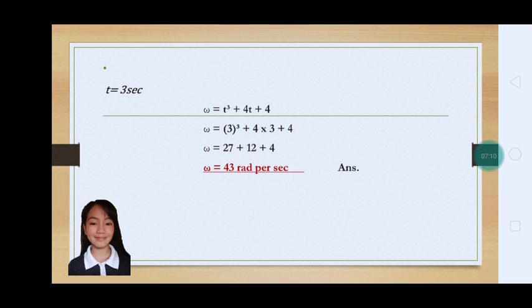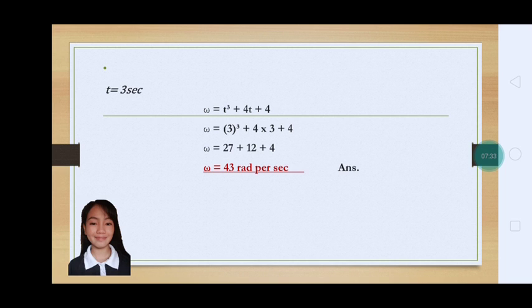So, omega is equal to 3 cubed plus 4 times 3 plus 4. 3 cubed is equal to 27. 4 times 3 is 12.